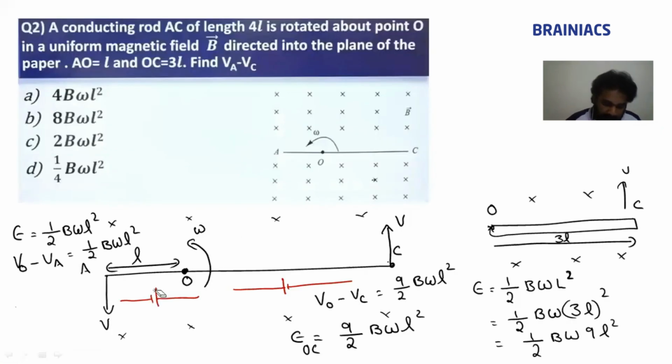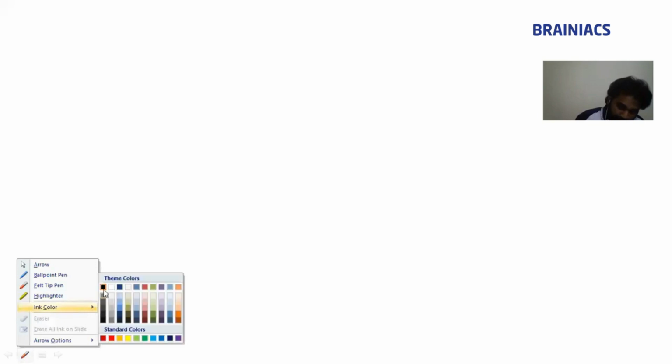What we need to find is VA minus VC. So VO minus VC, then minus VO minus VA.